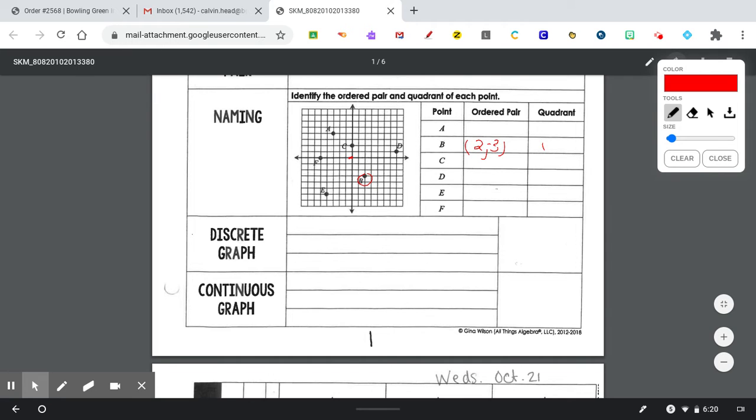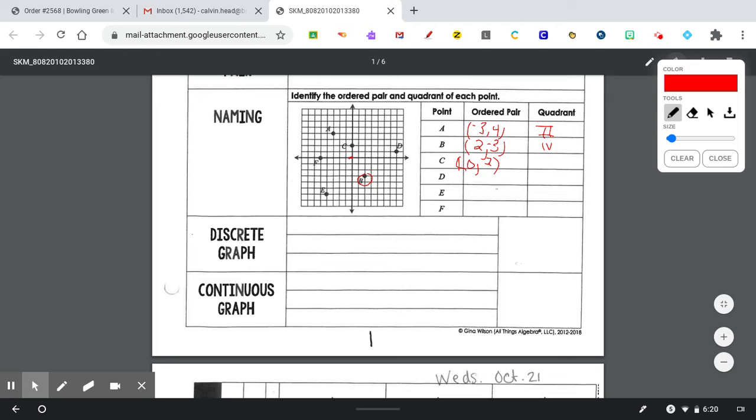And that's in quadrant 4. Now let's look at C. If I start at 0, I didn't go over any. So 0 is the X. And then I went up a positive 2.